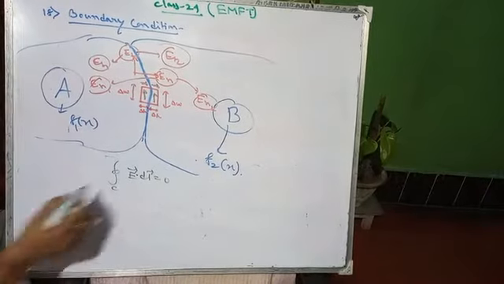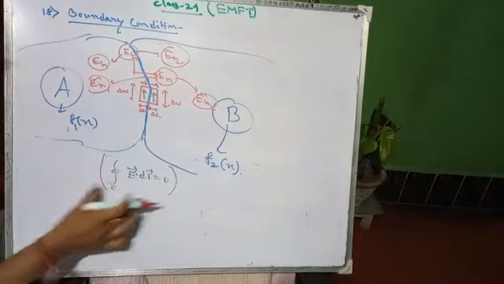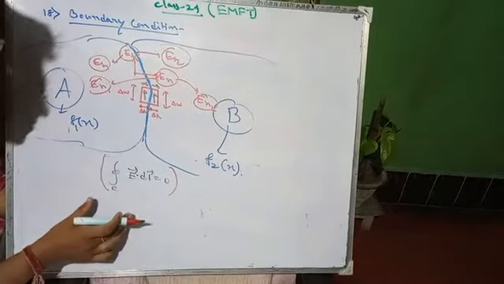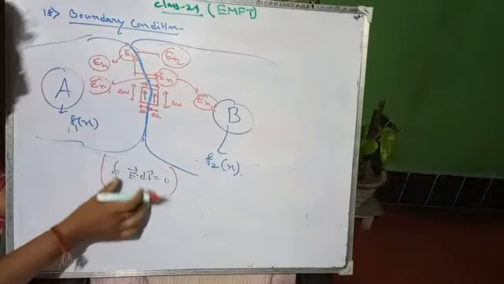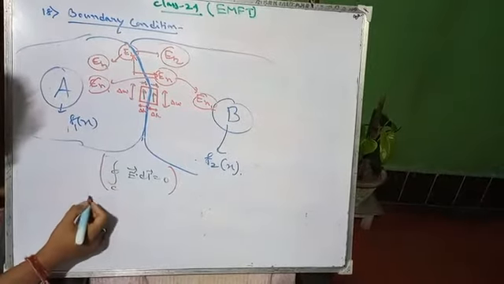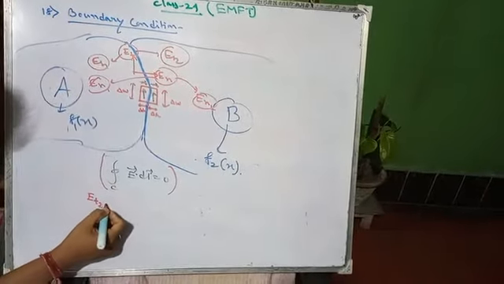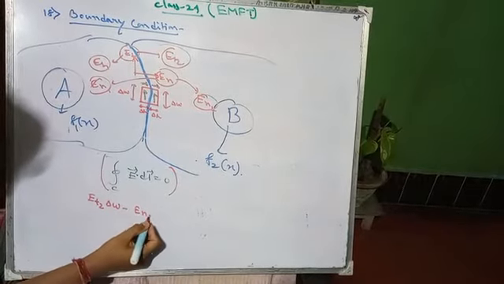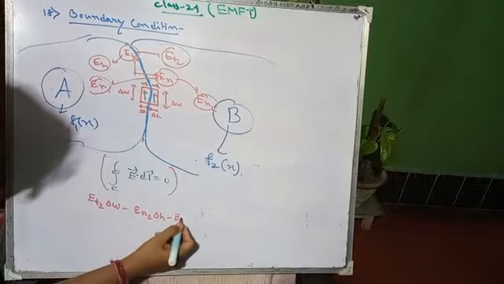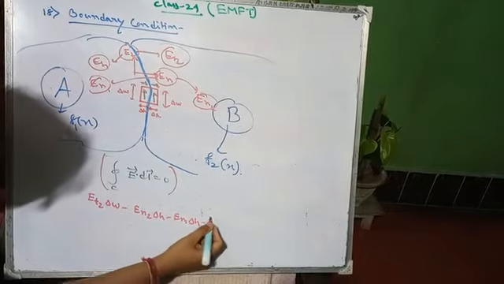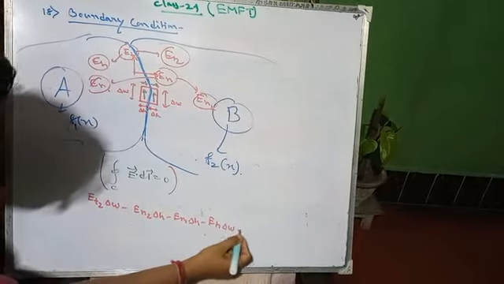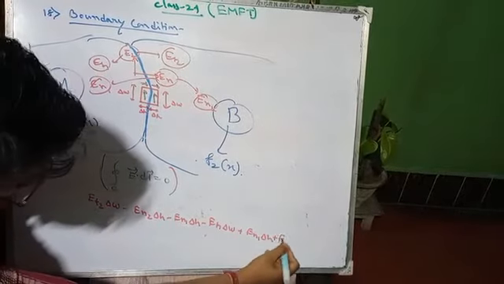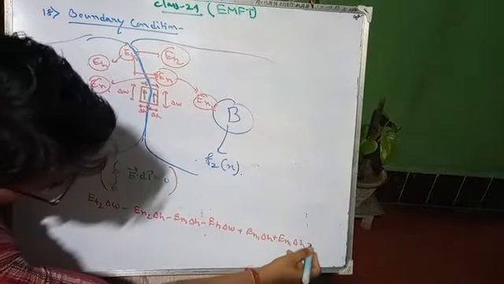So if we segregate it, now it is not a continuous system, so you can segregate it in terms of summation. By segregating it, it can be written as Et2 into del w minus En2 into del h minus En1 into del h minus Et1 into del w plus En1 into del h plus En2 into del h equals 0.